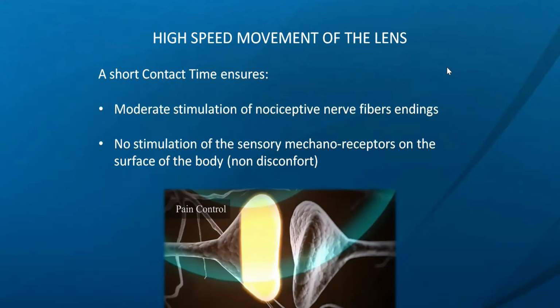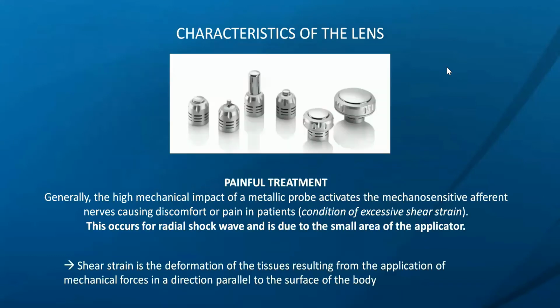They are the receptors on the skin, and this is another characteristic of the machine, not only a painless therapy, but the patient has no discomfort from the impact of the lens with the body. This is different, for example, for radial shock waves.